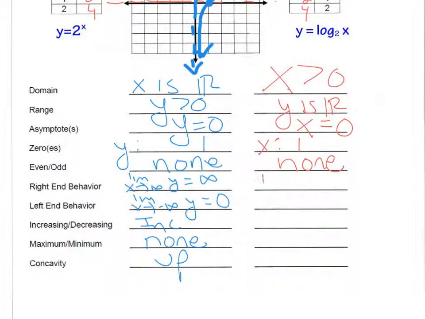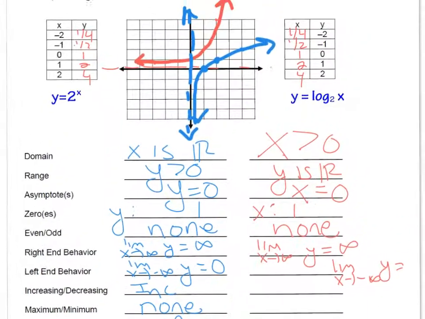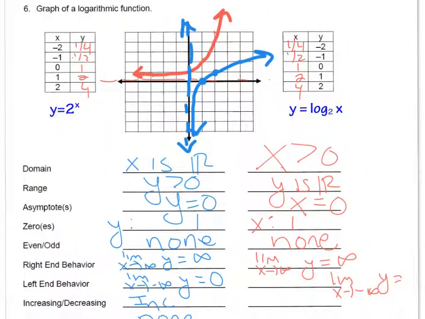Okay, so for the end behavior, the limit as x goes to infinity, we are going to go to infinity. Very slowly, but it is still increasing and going up. For the left end behavior, as we go to negative infinity, this one's a little tricky. As x goes to negative infinity, does your graph ever go over here to negative infinity?